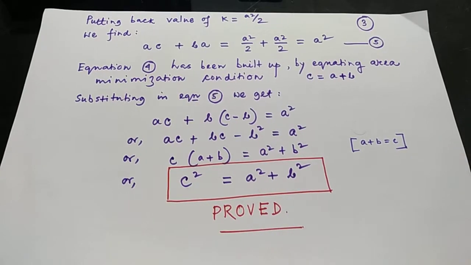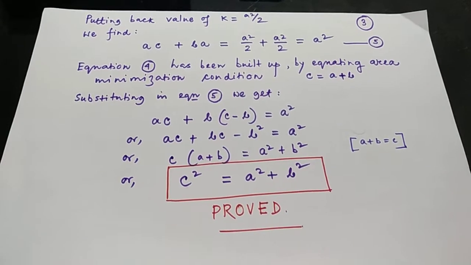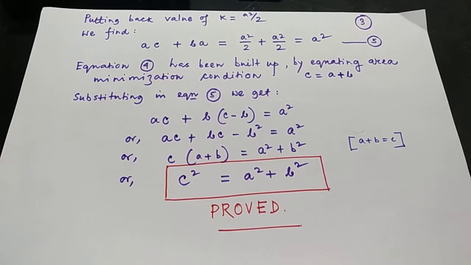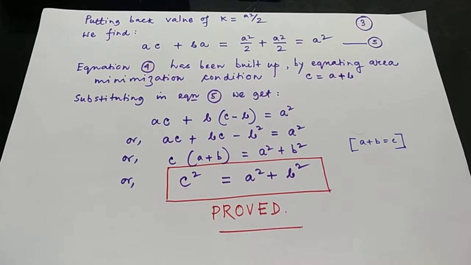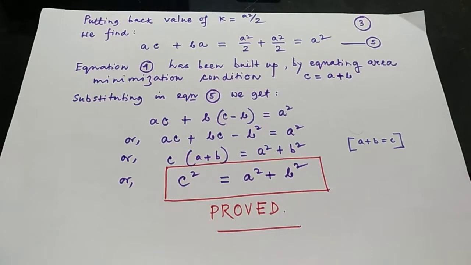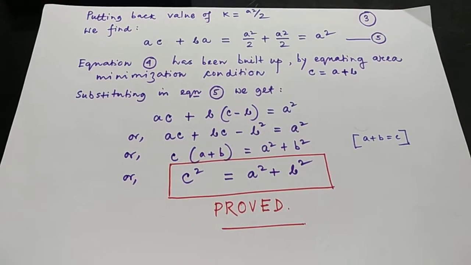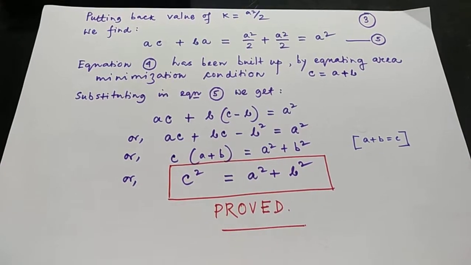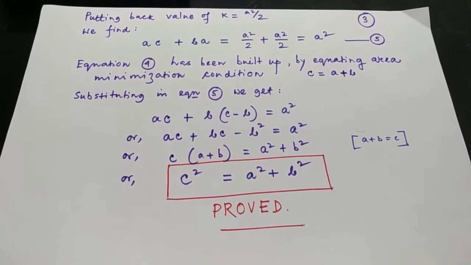Again substituting, knowing that A plus B equals C, the minimization condition of area, we find the final objective as C square equals A square plus B square, which is the Pythagorean theorem.